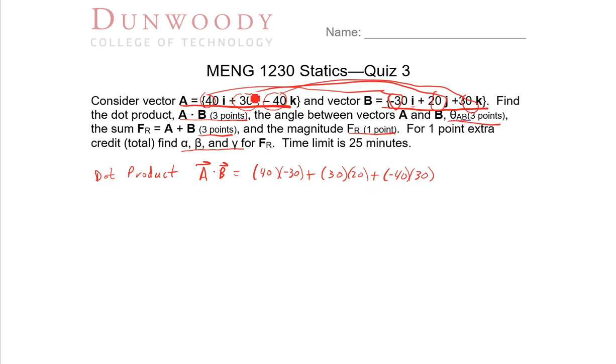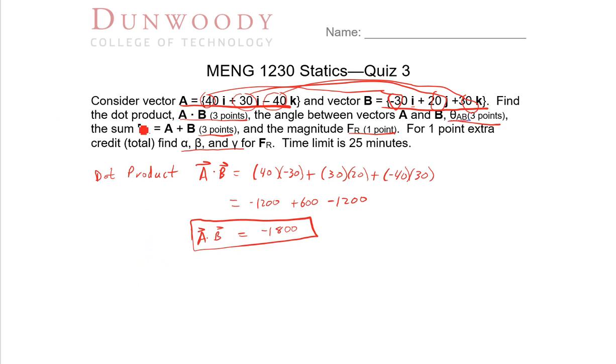I'm just taking each of these terms times their corresponding term over here. So I get negative 1200 plus 600 minus 1200. That gets us negative 1800 for A dot B. Alright, so there's that bit.